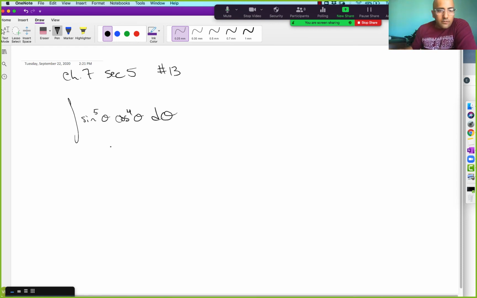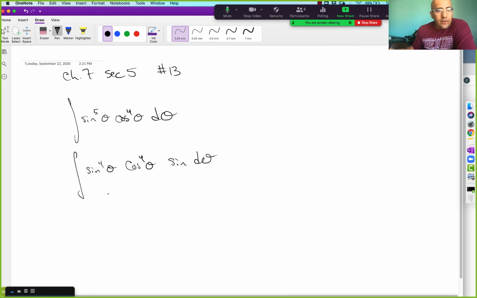So I was just saying that what we could do is peel away one of these, put it out in front, and end up with sine to the power of 4 theta cosine to the power of 4 theta sine theta d theta.